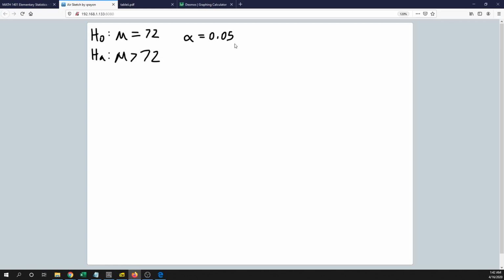All right, next up, we need to calculate the test statistic. That's going to be x bar, the sample mean, minus mu naught, which is this number up here, divided by sigma, which is the population standard deviation, divided by the square root of the sample size.